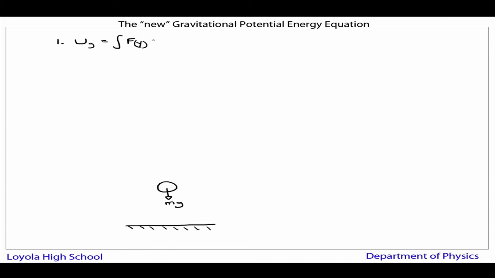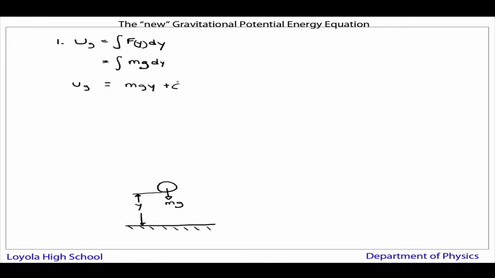For the y-axis, this object is a distance, let's say y, above the ground. So this would be the integral of mg dy, the force of gravity dy. There's actually a dot product in there, but I'll ignore that for a second. If you integrate this, you get mgy plus a constant.